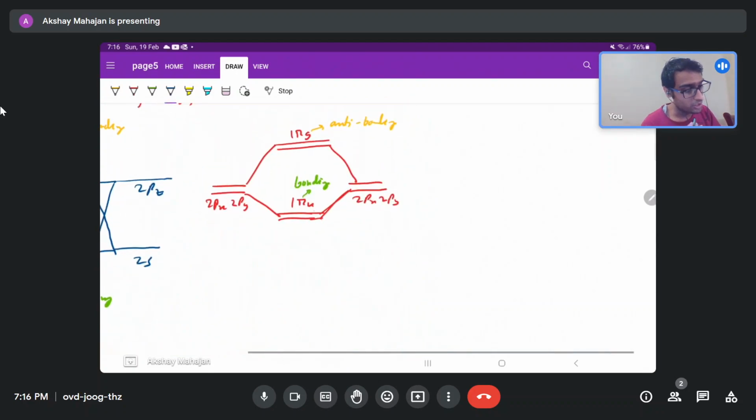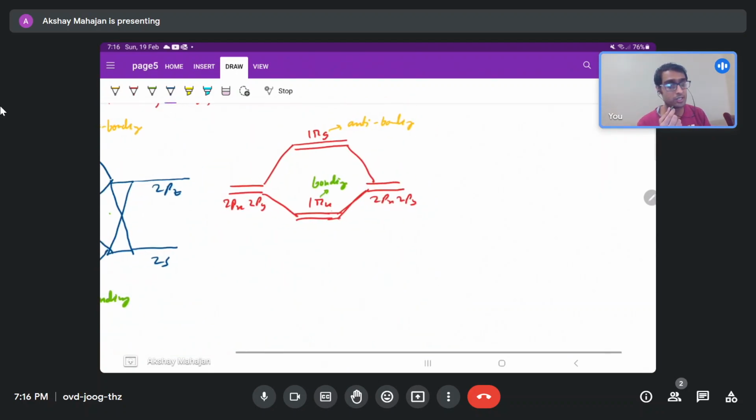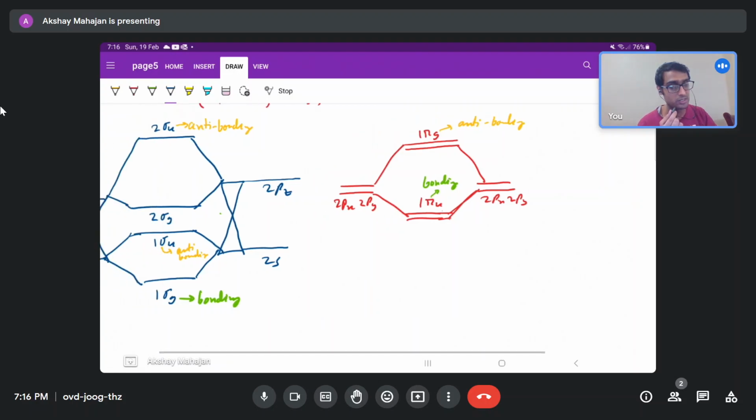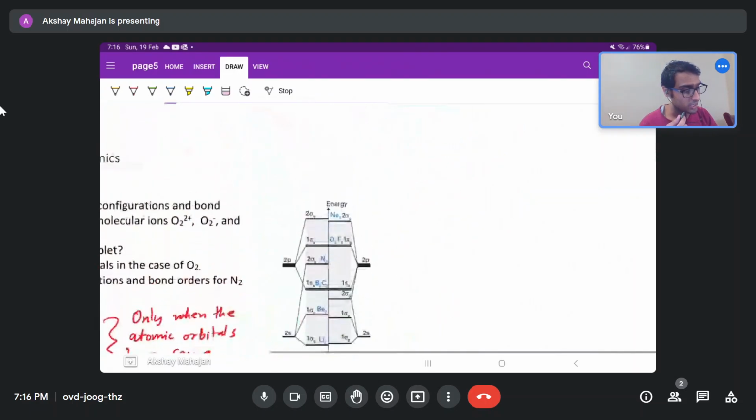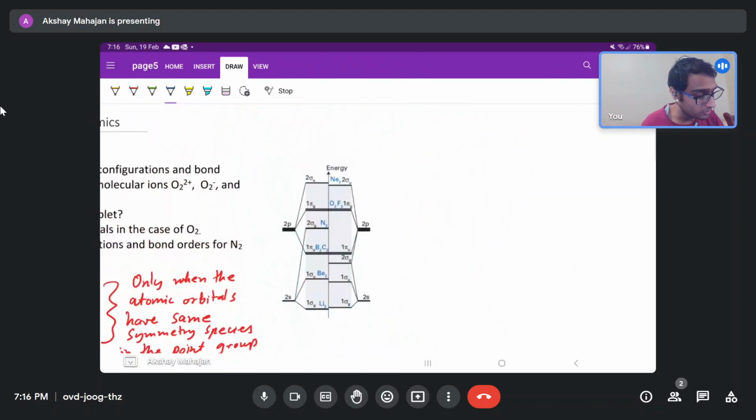Now the only difference is where this pi u and pi g will go within the sigma range. That is calculated using experiments, and we have this diagram that we have to use. Now for the oxygen molecule, we know that the sequence will be this.